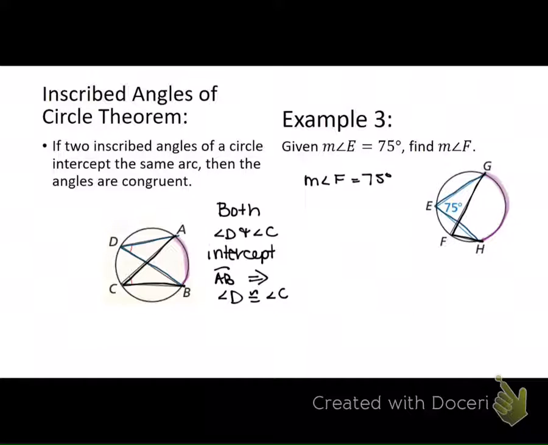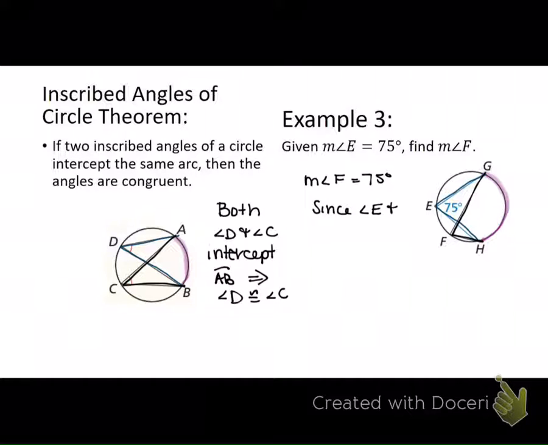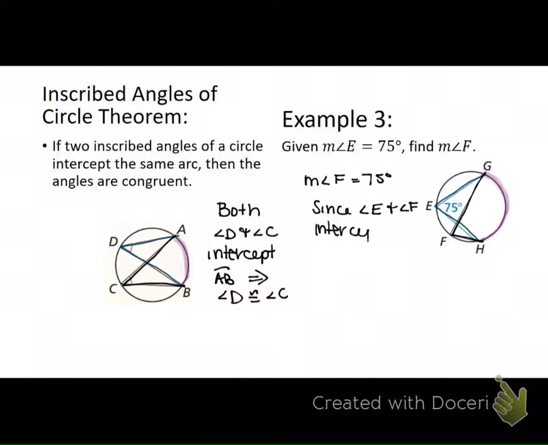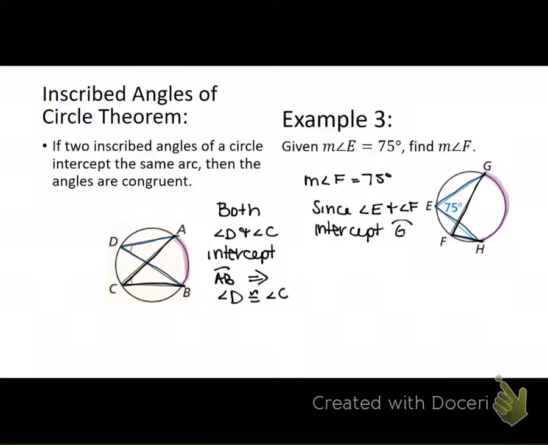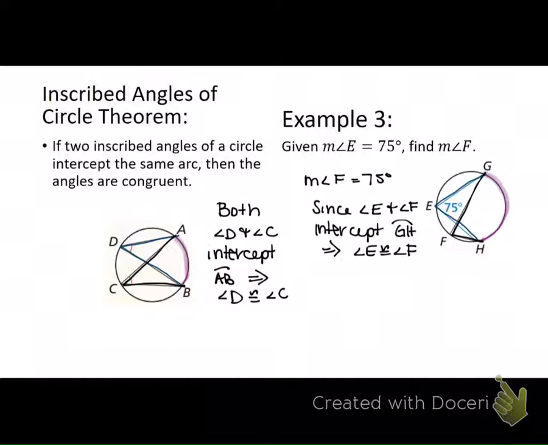So, since angle E and angle F intercept arc GH, angle E is congruent to angle F. That's why we can just automatically say that angle F is 75 degrees.